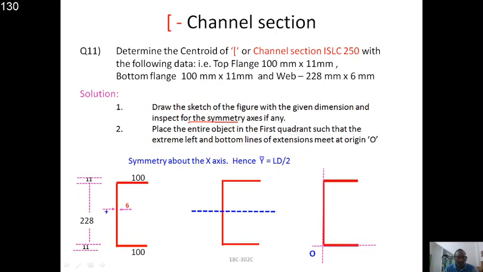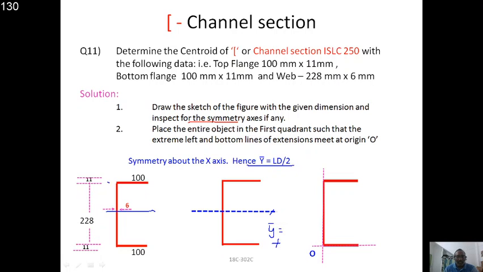Now I am trying to get the symmetry axis parallel to the x-axis. Now it is symmetric about this axis. You can see here, so this is symmetric about the axis parallel to the x-axis. Hence we can directly write the y bar. If it is symmetric about the x-axis, you can get the y bar value without using the analytical method, hence largest dimension by 2.